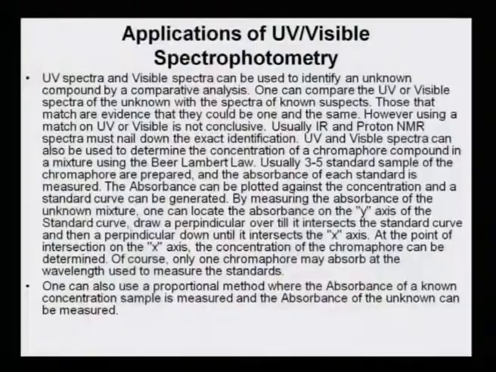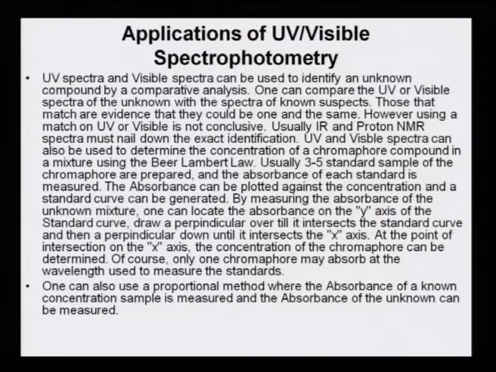Usually 3 to 5 standard samples of the chromophore are prepared and the absorbance of each standard is measured. The absorbance can be plotted against the concentration and a standard curve can be generated. By measuring the absorbance of the unknown mixture, one can locate the absorbance on the y axis of the standard curve, draw a perpendicular over till it intersects the standard curve, and then a perpendicular down till it intersects the x axis.